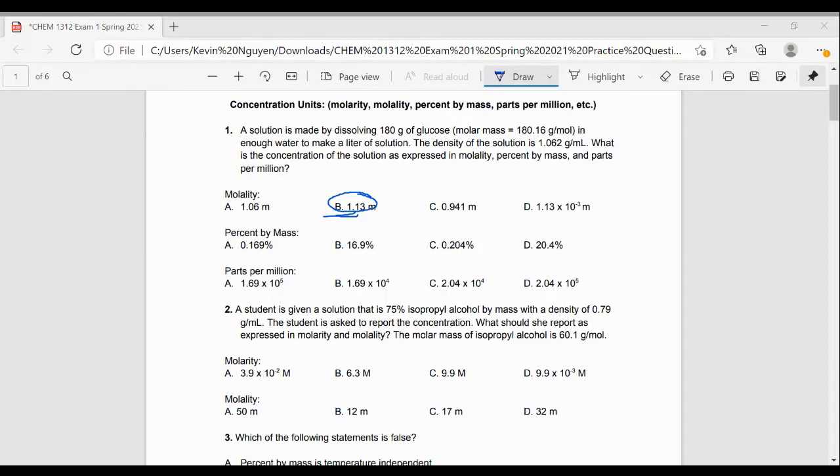So let's do 100 minus 75. We get 25 grams, which we assume is solvent. We don't know exactly what it is.